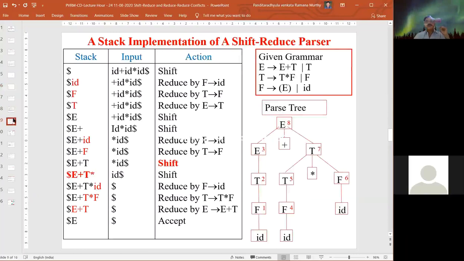Let us have a stack that initially contains a dollar sign, and the given input string is id plus id into id and an end marker dollar sign. This is the given input grammar, and this indicates the parse tree.